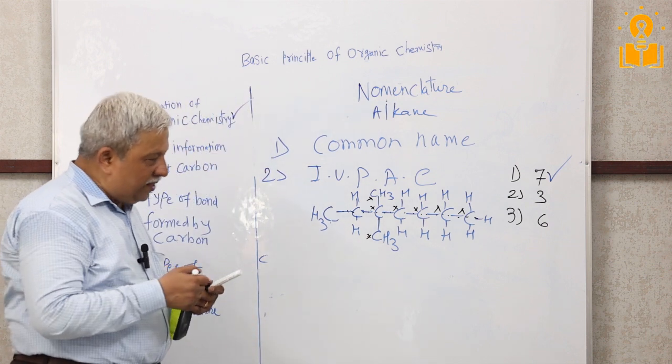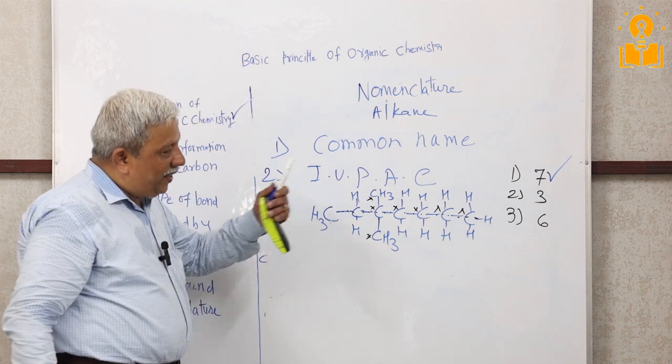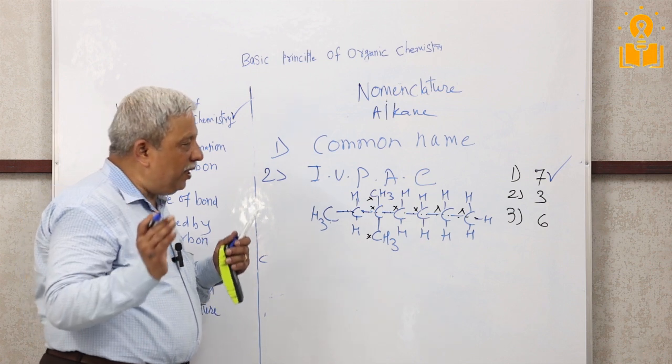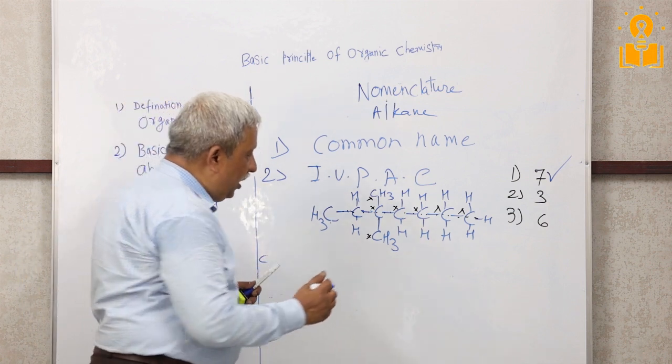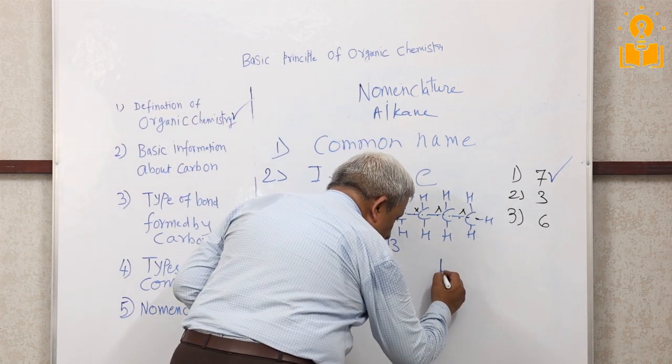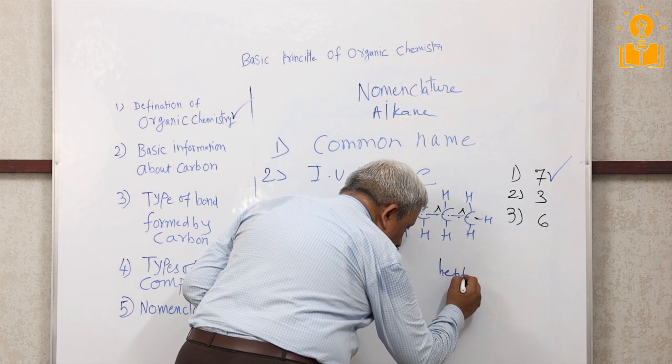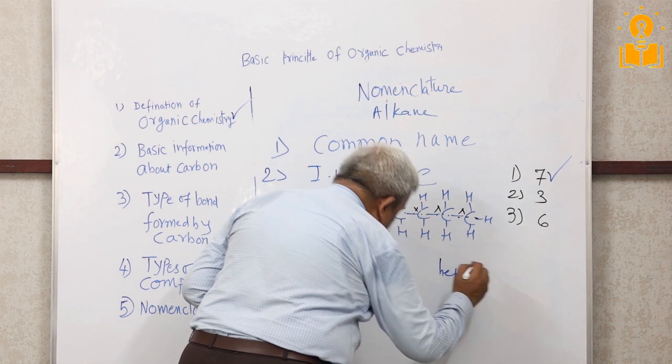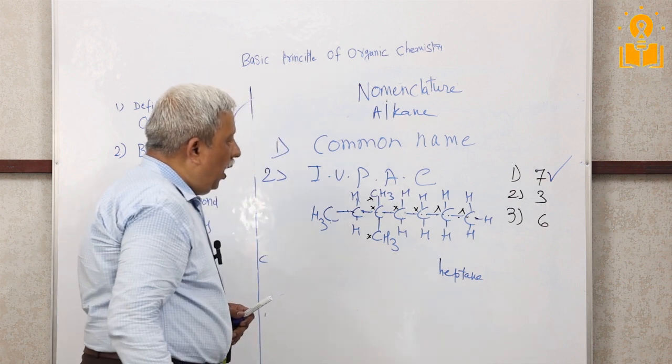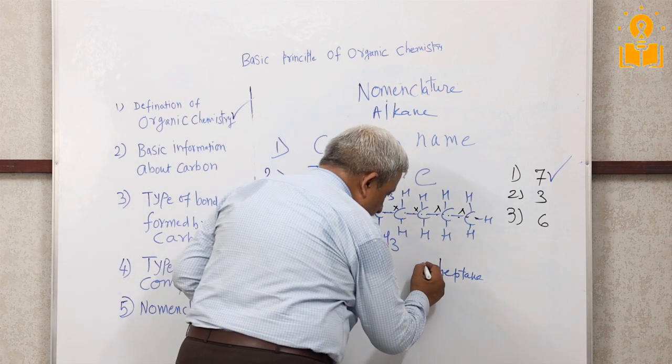Now, once we decided that it contains 7 carbon atoms, that means it is heptane. Write it down: heptane. It is a normal heptane.